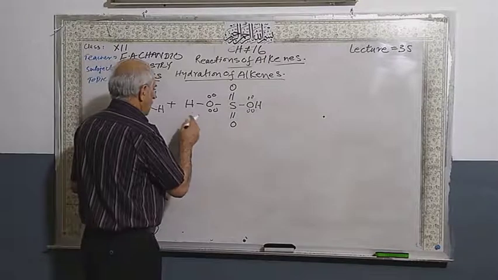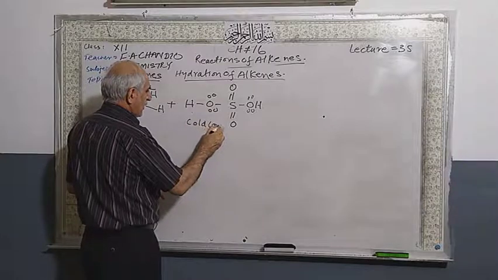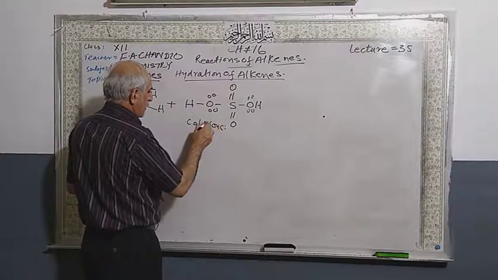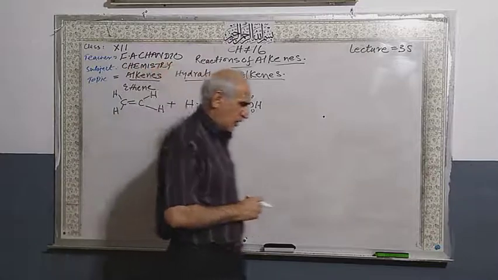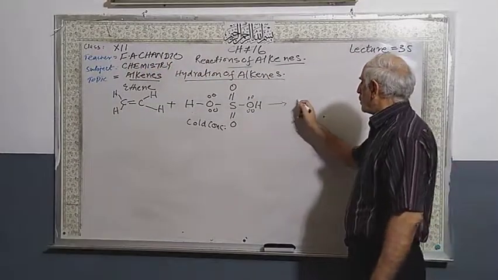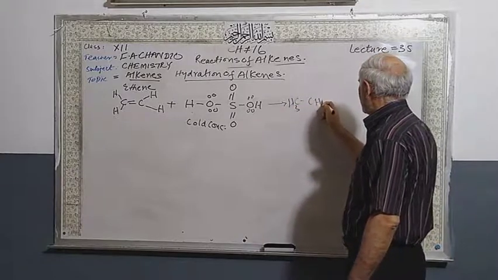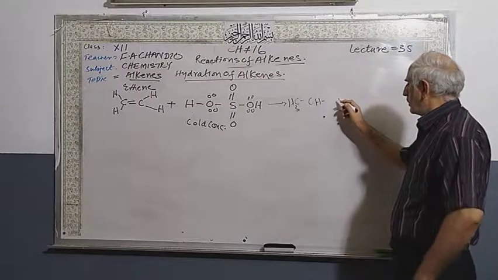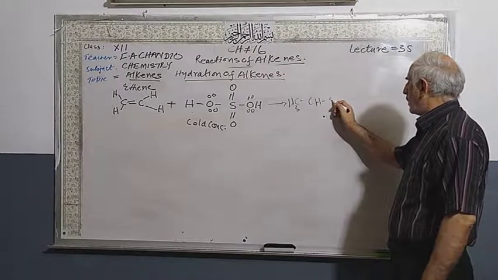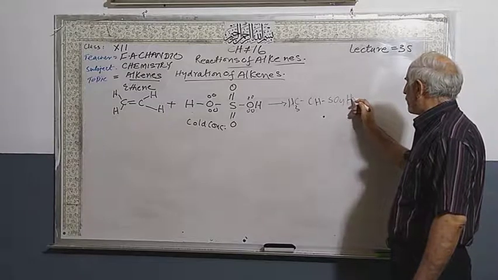This is the cold concentrated sulfuric acid. Cold concentrated sulfuric acid you have to add. So you will get ethyl hydrogen sulfate.